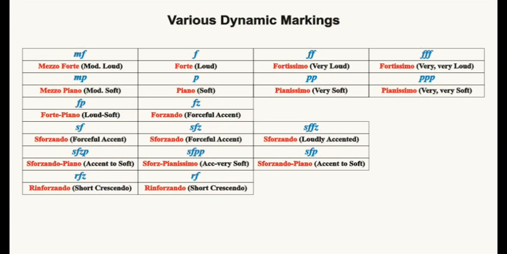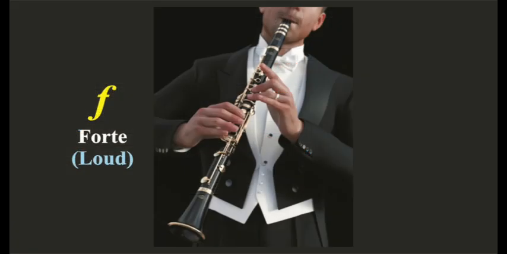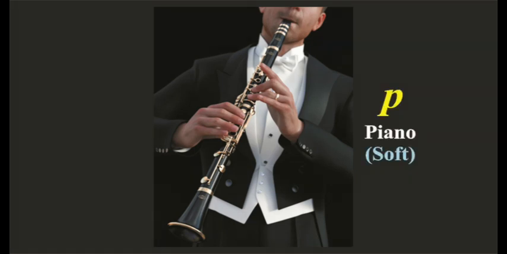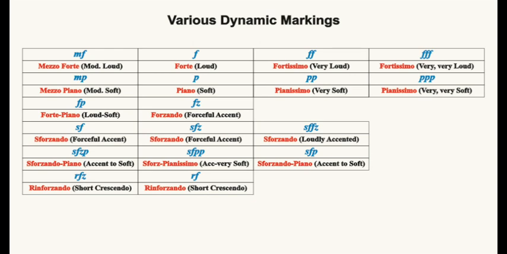In music, the symbol F stands for forte and means loud. The symbol P stands for piano and means soft. When we want to tell an instrument to play more loudly or softly, we simply add more Fs or Ps respectively.